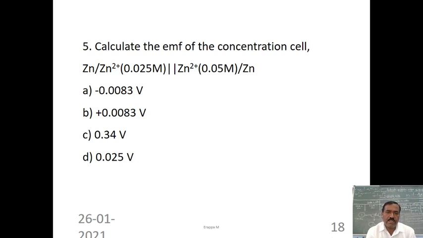Here also 4 answers are given. A is minus 0.0083 volts, B is plus 0.0083 volts, C is 0.34, and D is 0.025 volts. So the answer for this question is B, that is plus 0.0083 volts.